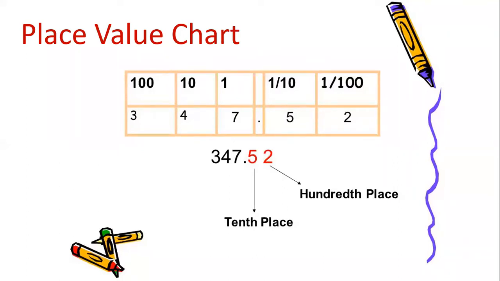So why does the 10th place come before the 100th place? This is the 10th place, this is the 100th place. What is your doubt?